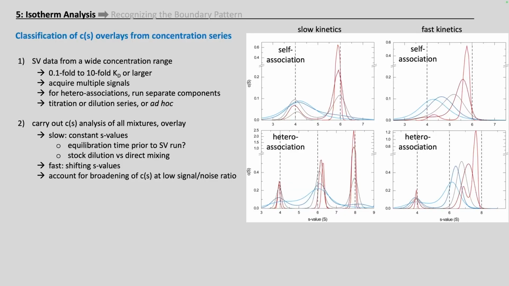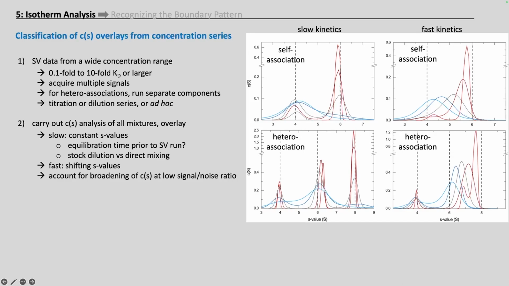Like we have discussed earlier in this video, we can classify whether the reaction is slow or fast on the timescale of sedimentation. If the chemical exchange is slow, then we usually hydrodynamically resolve all species, and we get c(S) peaks that do not change in S value, but only exhibit different heights corresponding to the shift in populations for the different mixtures.